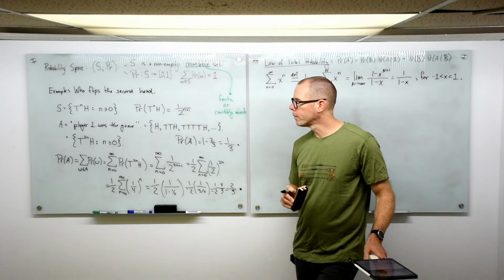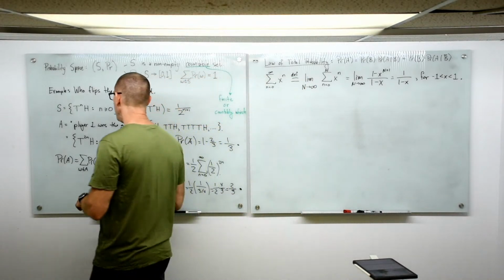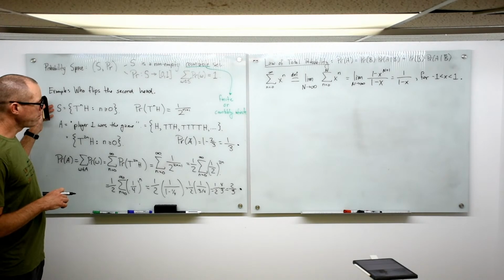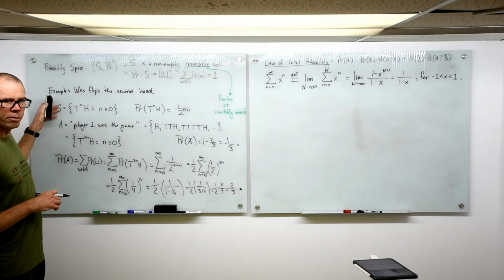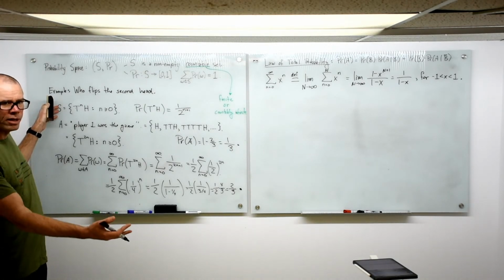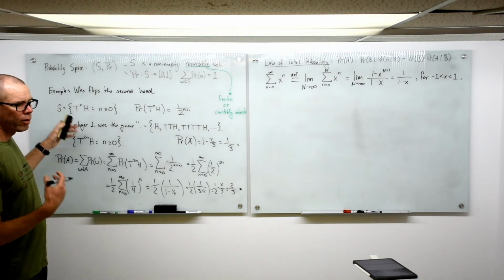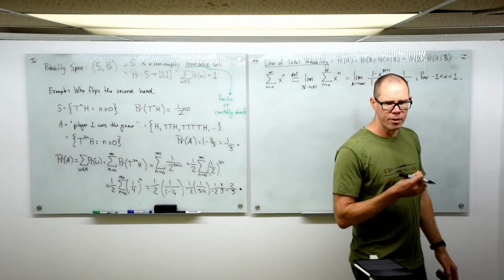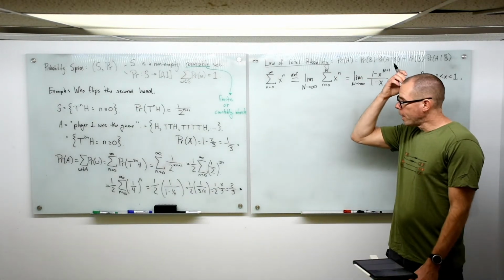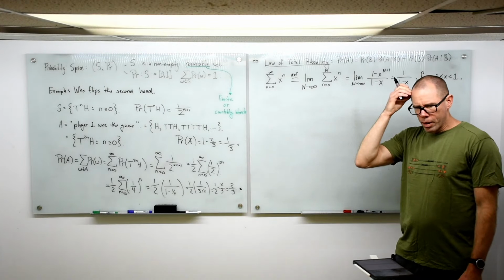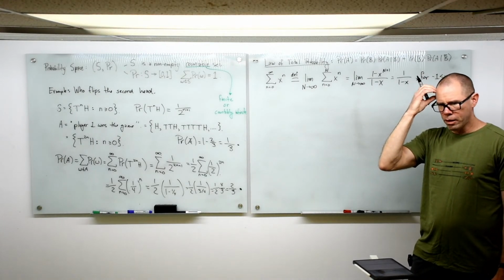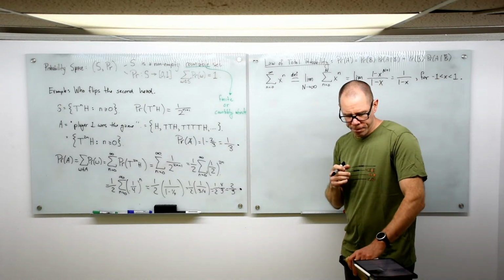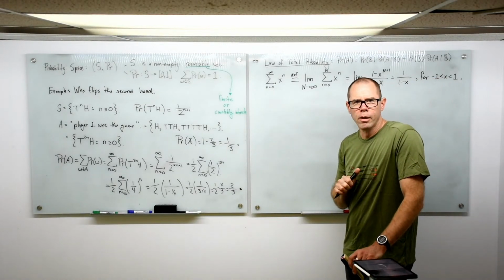Okay. So now things change very much, because now we need to have outcomes that have exactly two heads in them. The game is over when the second head happens. So we'll figure that out, but spend the next minute or so trying to decide now.